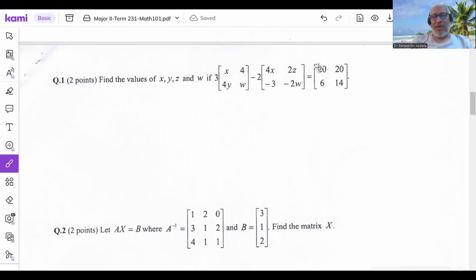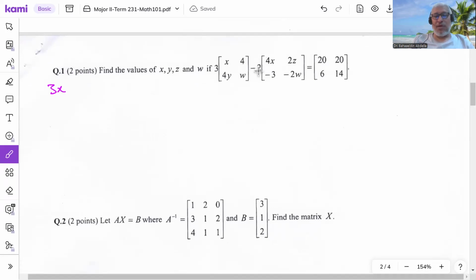So for example, for this matrix, what is the element in the first row, first column? It's 20. If you do the operations, what would be the element in the first row, first column? It would be 3 times x minus 2 times 4x, which is negative 8x.